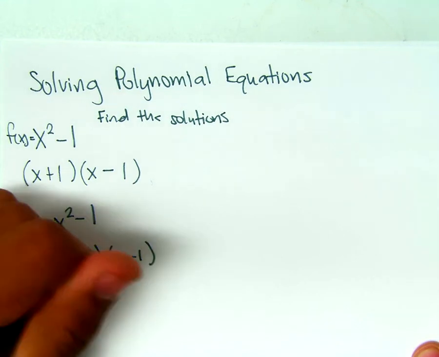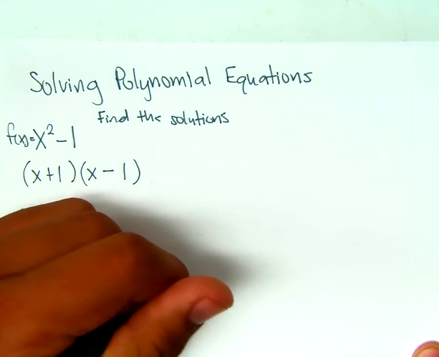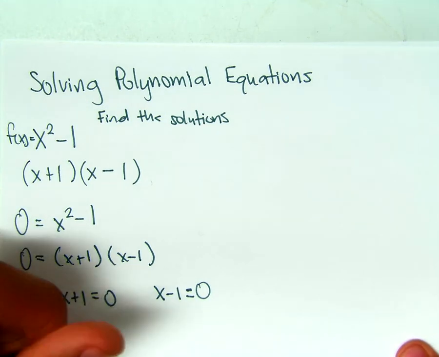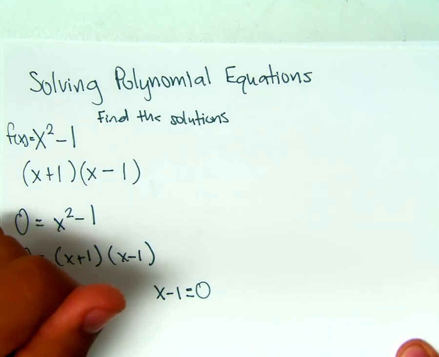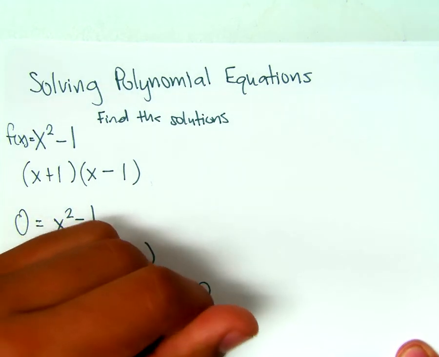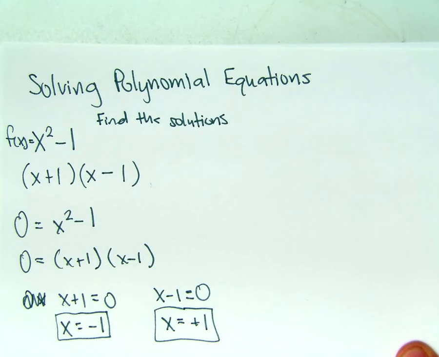Now we have two binomials that are rather simple, and we can just solve for x. We want to isolate x, so we subtract 1 from both sides and get x equals negative 1 and x equals positive 1 as our answers. And those are our solutions, or zeros.